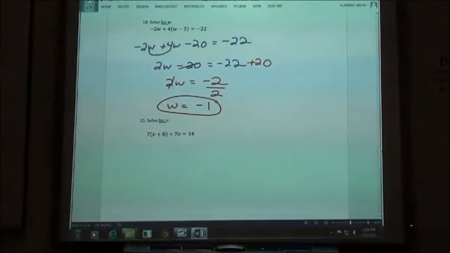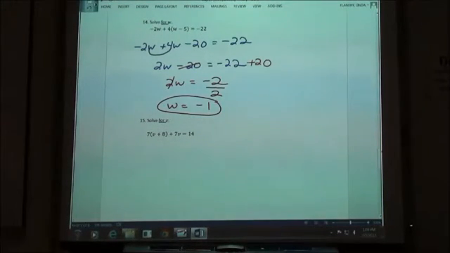I missed something there. Let's get rid of that negative 42, because that's not the right answer. Scribble that out. So you had negative 22 plus 20, which was, oh okay, because we're going that way, that's how you got it. Yep, so we got negative 2. So we have 2w equals negative 2.